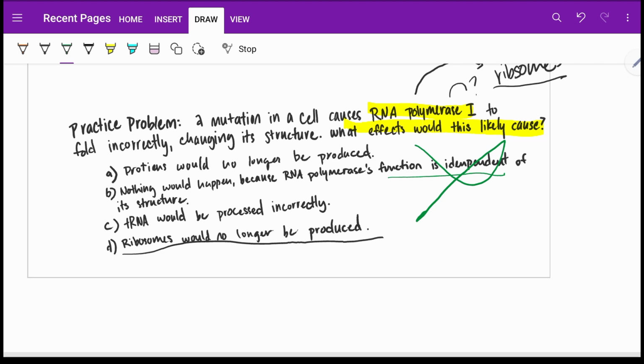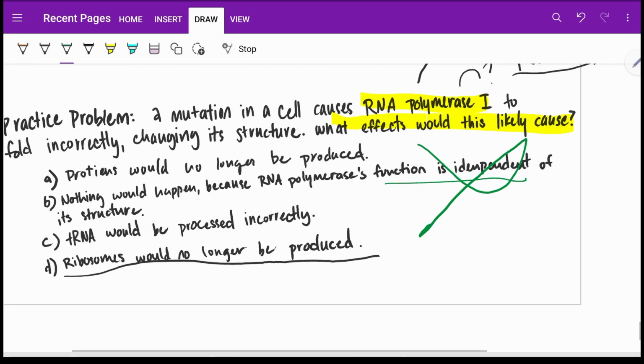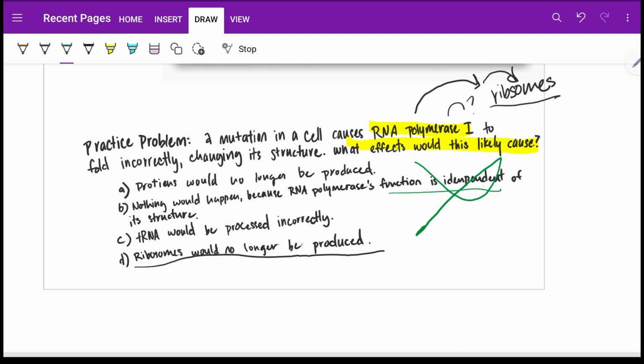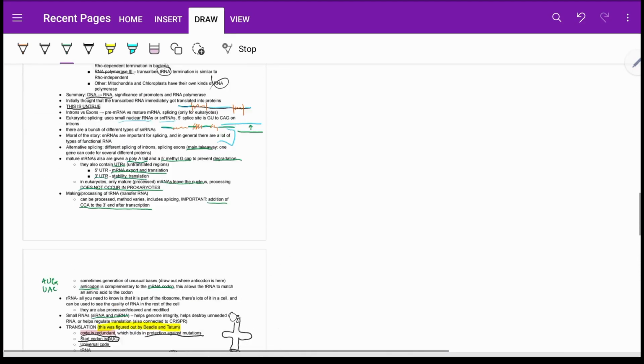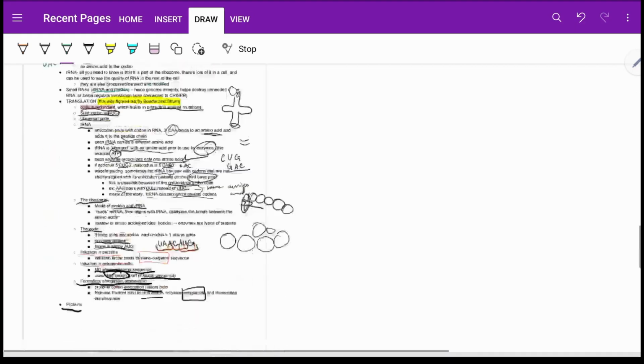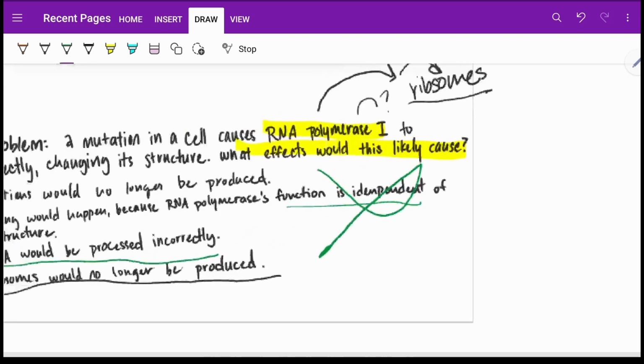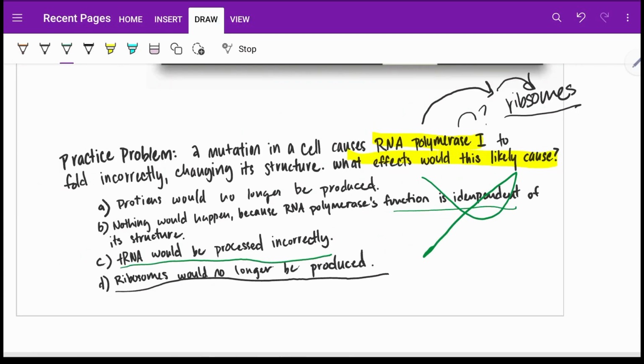They are conjoined twins. You cannot separate them. We can also look at tRNA would be processed incorrectly. Really, RNA polymerase has nothing to do with the processing of tRNA. I believe it is RNA polymerase 3 that transcribes tRNA, but that really has nothing to do with the processing, so you could probably cross that one off.